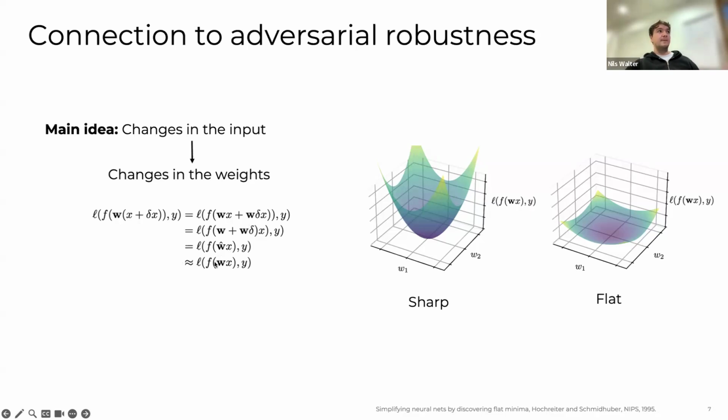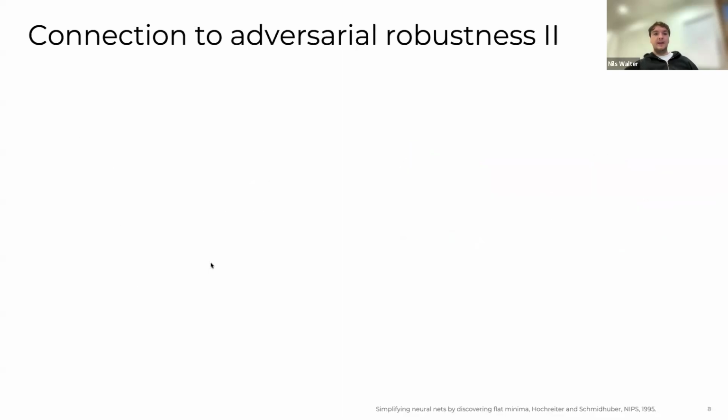And if it's now flat, this perturbation just didn't change the loss, and hence also a similar prediction, everything is fine. So if this were really the case, then we could guarantee that if it's flat, we also don't have adversarial examples. But in practice, of course, it's quite easy to find adversarial examples.